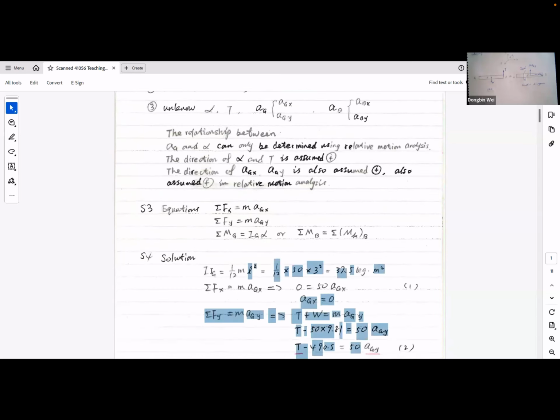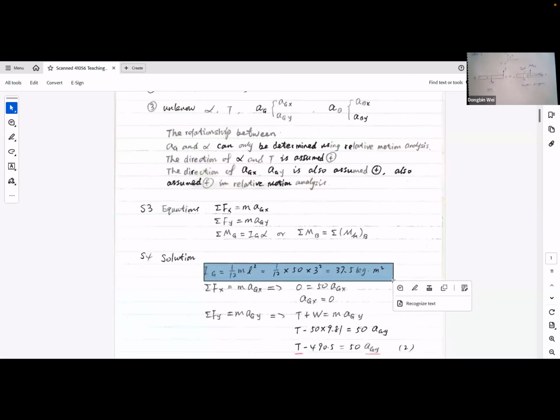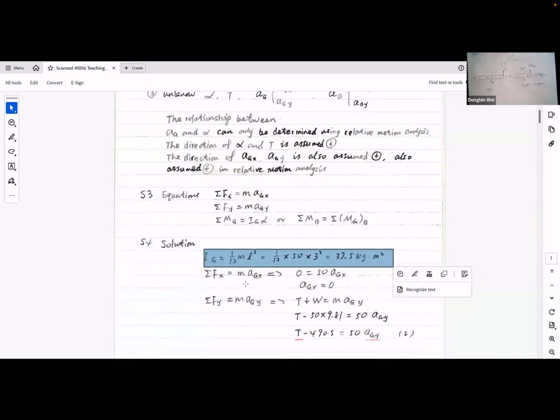And the first thing is to calculate the MMI of this bar, and this should be an easy task because it's a uniform bar, and we know M, we know L, so we can calculate using the established equation. Okay.